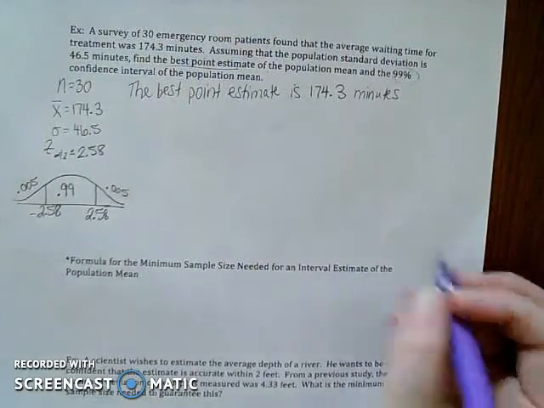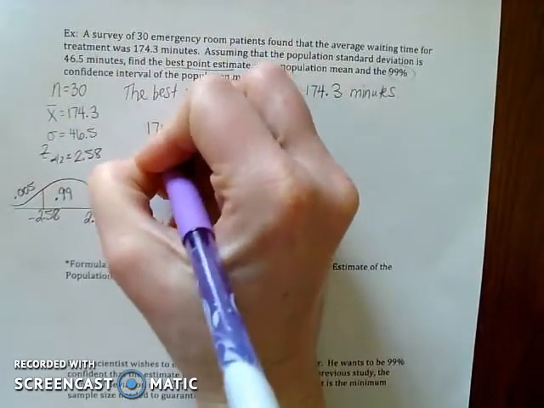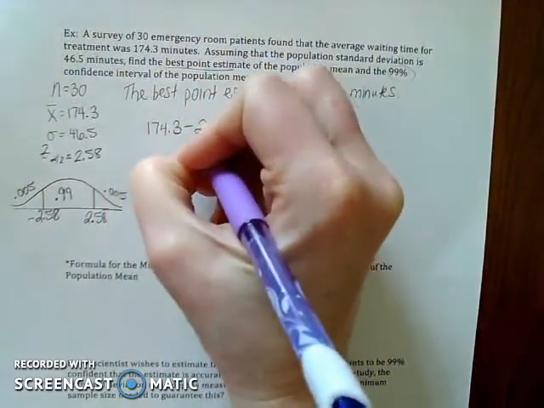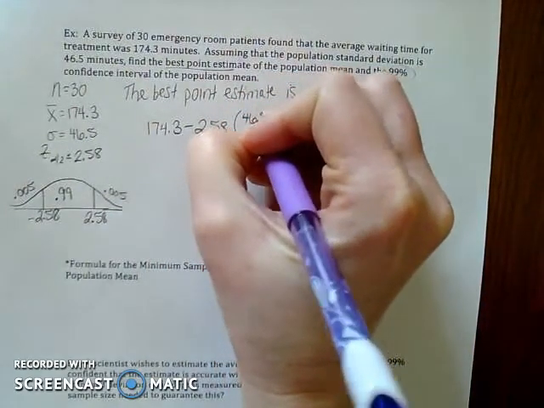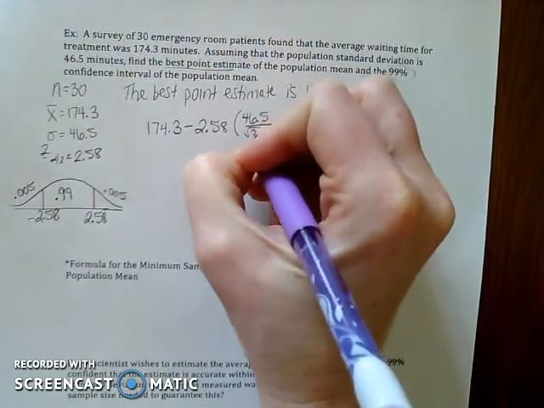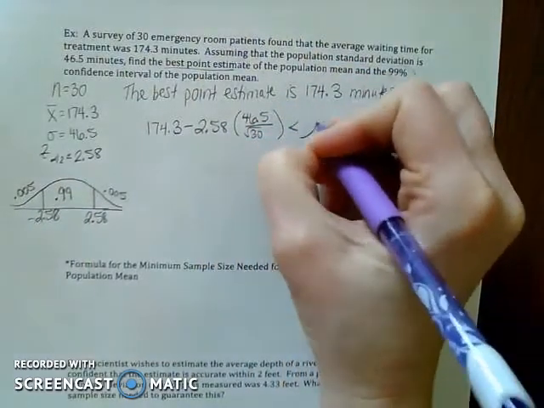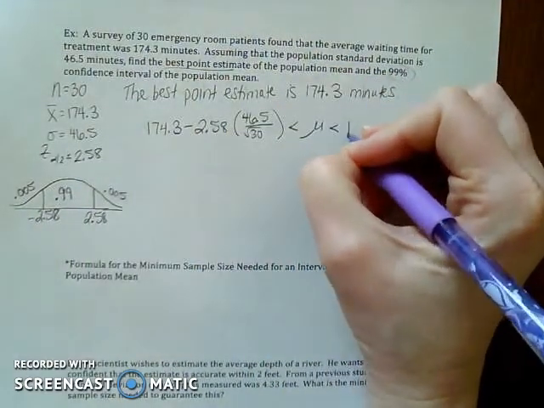Once you have that, then we use our formula. 174.3 minus 2.58 times 46.5 over the square root of 30, less than mu, less than that whole thing with the plus sign.